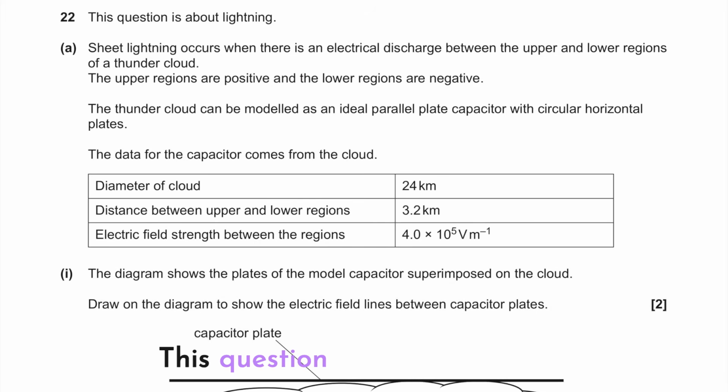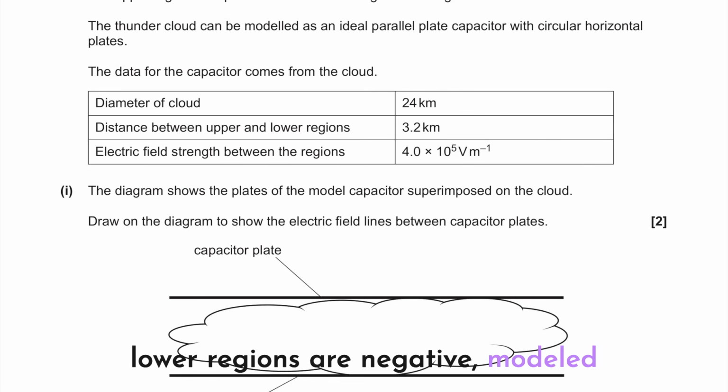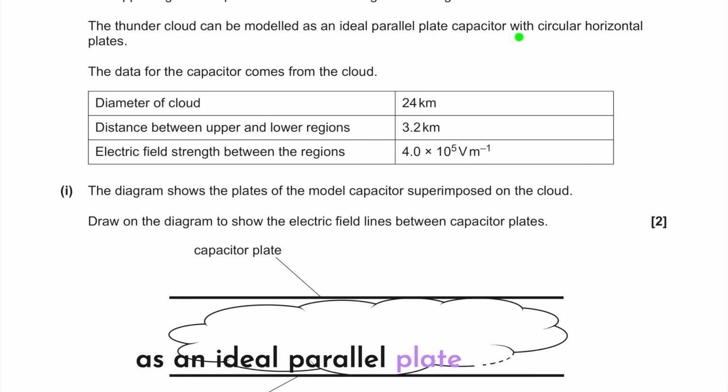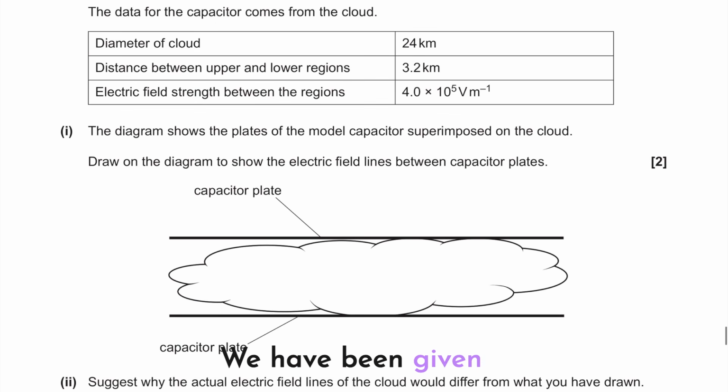This question is about lightning. Part A, sheet lightning occurs when there is an electrical discharge between the upper and the lower regions of a cloud. The upper regions are positive and the lower regions are negative, modeled as an ideal parallel plate capacitor with circular horizontal plates. We have been given a bunch of data values.